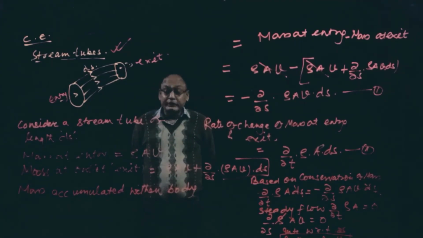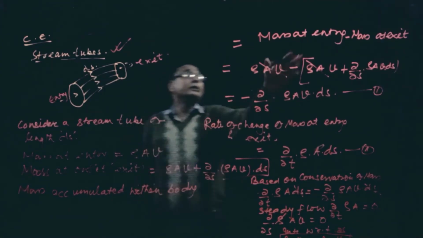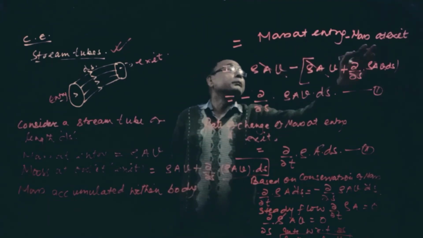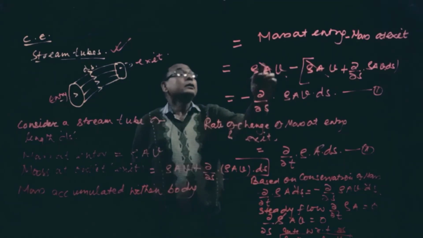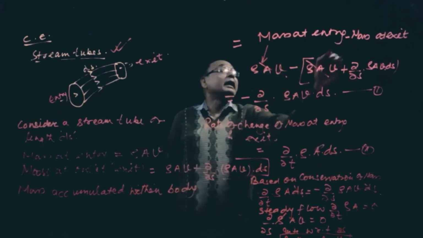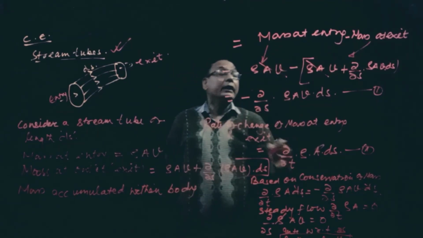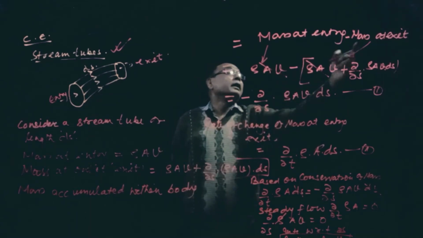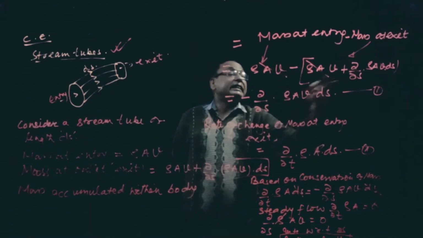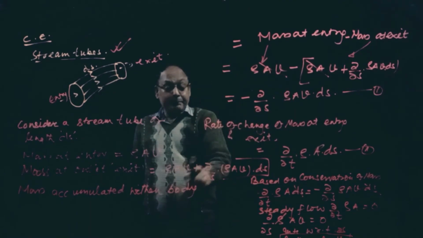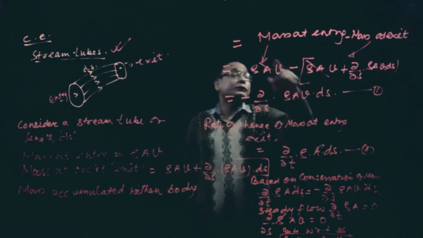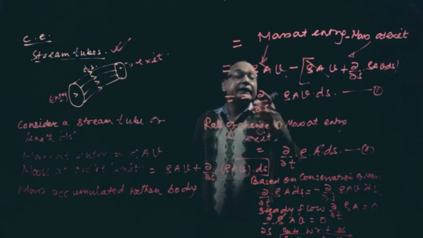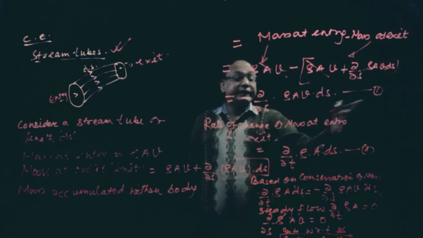So the mass accumulated within the body will be equal to the mass at entry minus the mass at exit. So rho a b minus rho a b plus d by ds into rho a b into ds. This term will get cancelled and there will be minus d by ds into rho a b ds.